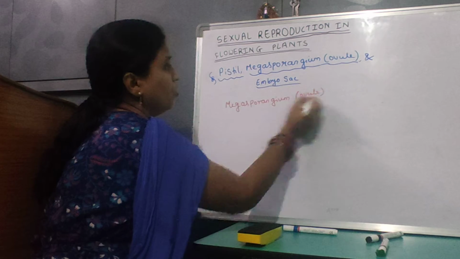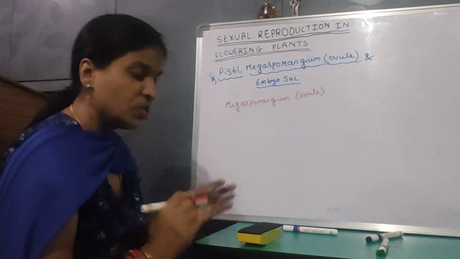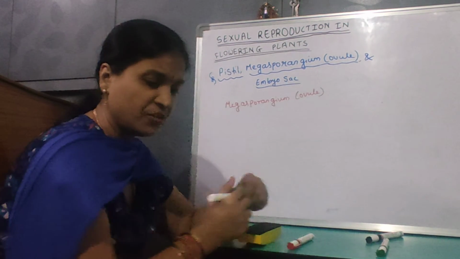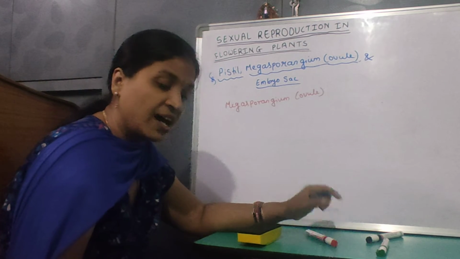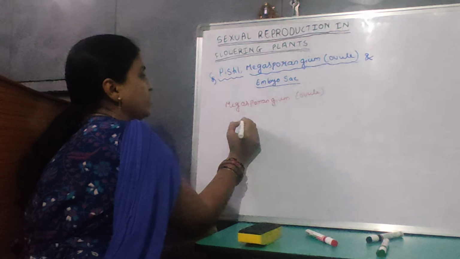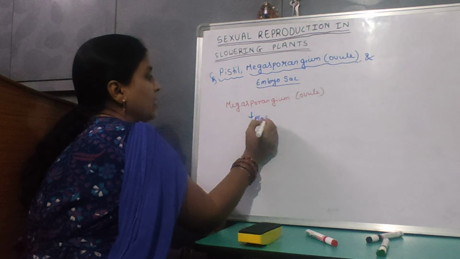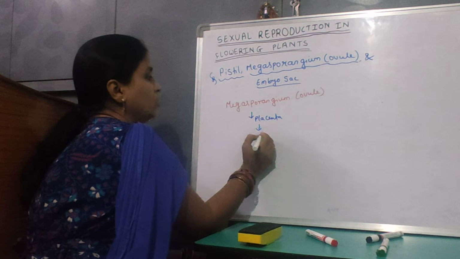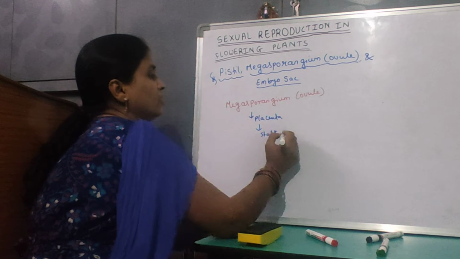Megasporangium is the ovule. This ovule is a small structure which is attached to the placenta by means of a stalk called the funicle.